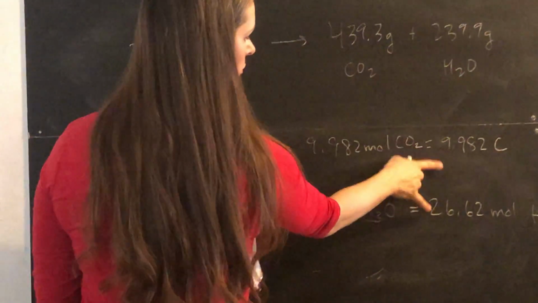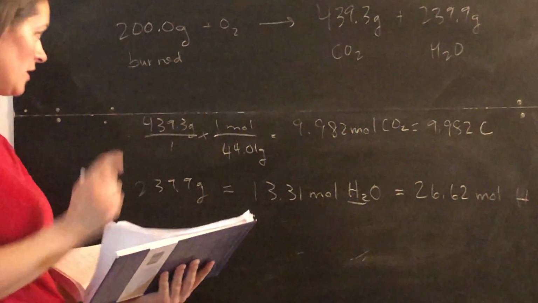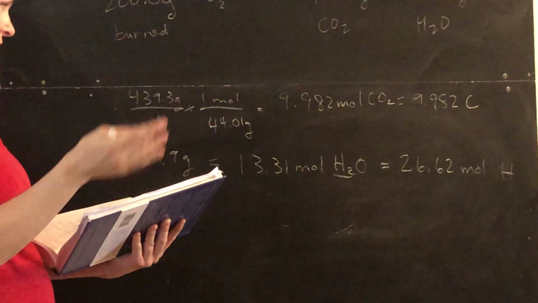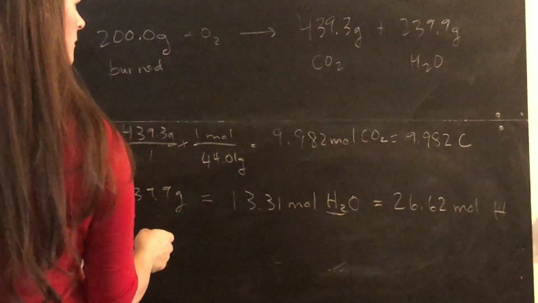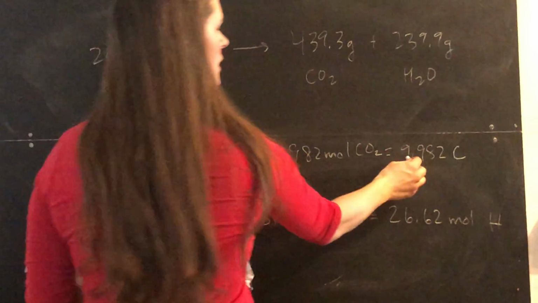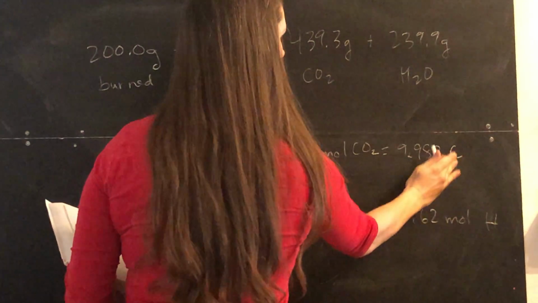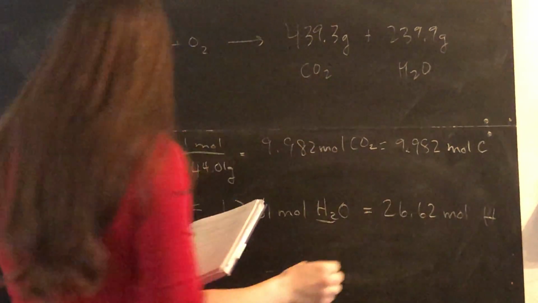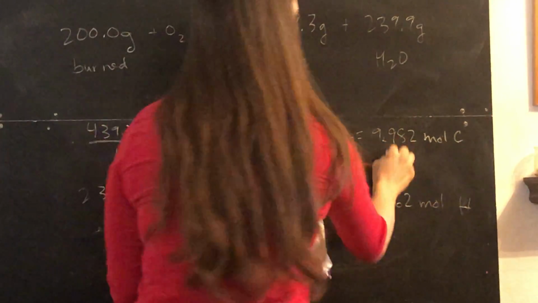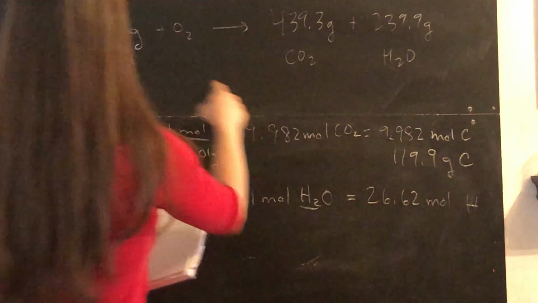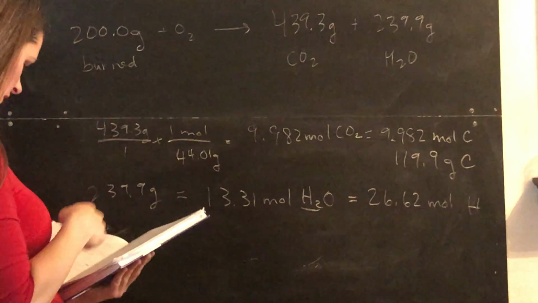So now we know how many moles we have of carbon and hydrogen in our original sample. Let's convert those back to grams. So 9.982 moles of carbon is equal to 119.9 grams of carbon. So that's how many grams of carbon are in this original sample.